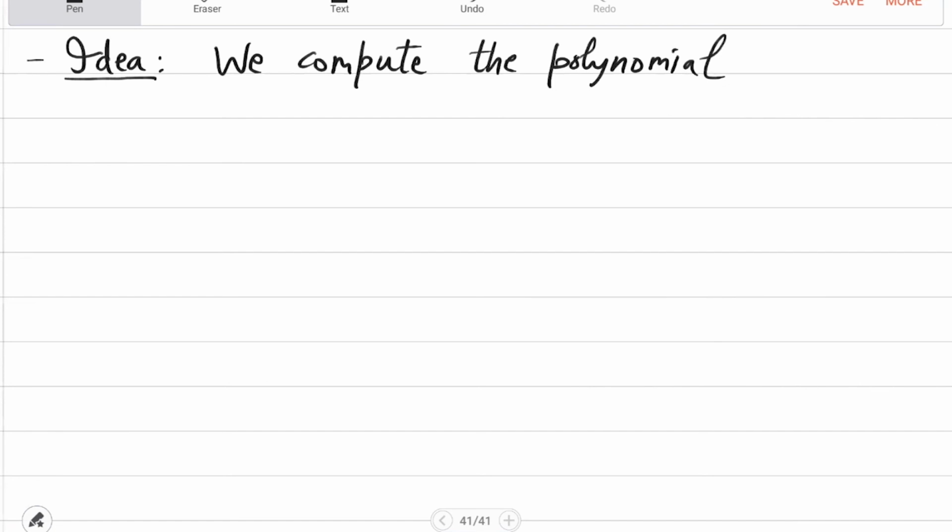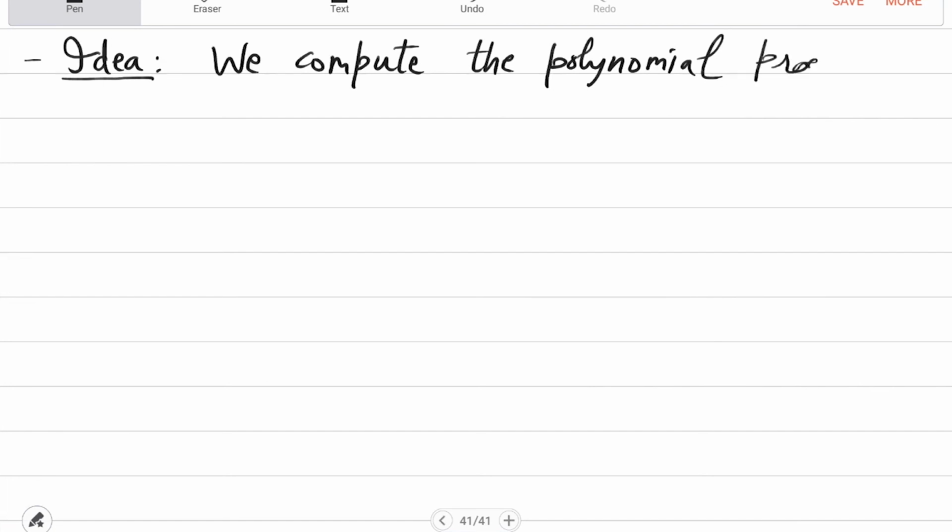So we'll actually compute the polynomial product A hat x times B hat x modulo small numbers, so 2 raised to 3k plus 1.